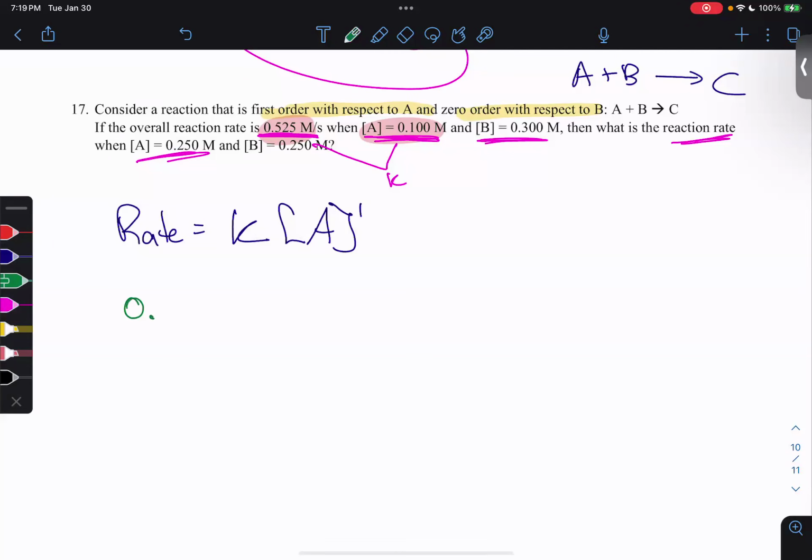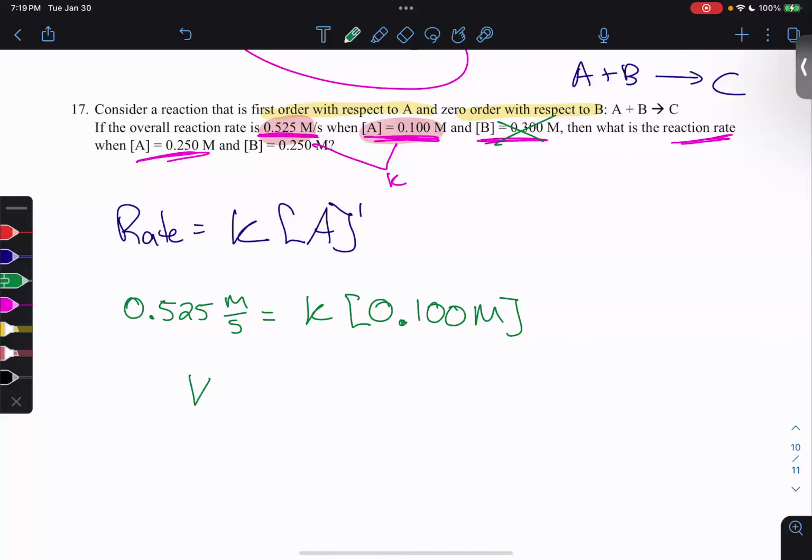The rate is 0.525 molarity per second equals K rate constant when A has a concentration of 0.100 molarity. Do I have to put B in here at all? No, B is actually a distractor because it's 0th order. I didn't have to put it in there, but I did because I wanted to trick you, right? But I told you it's 0th order, so I don't have to put it in there.